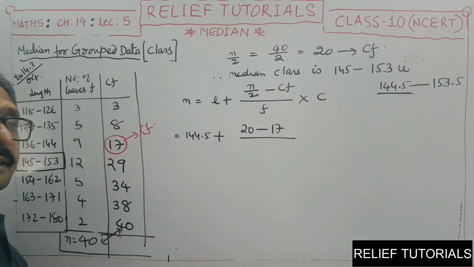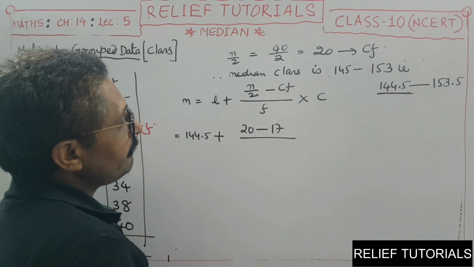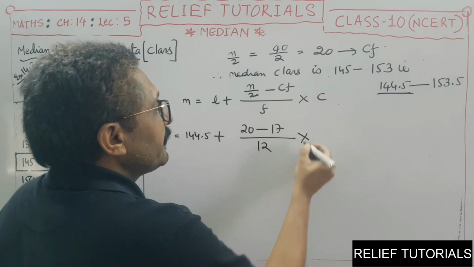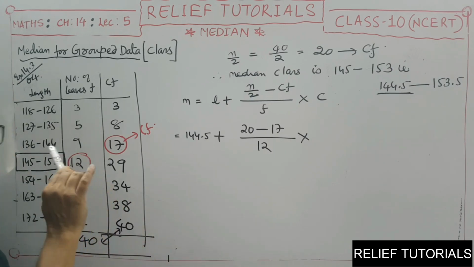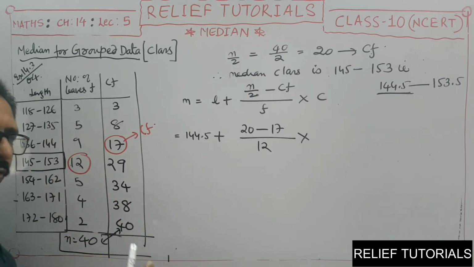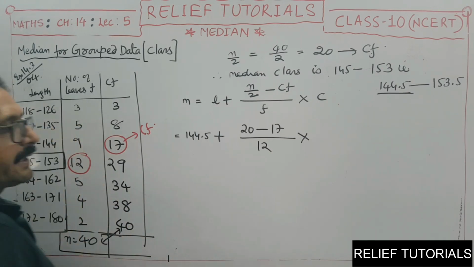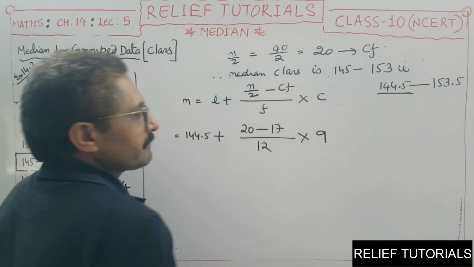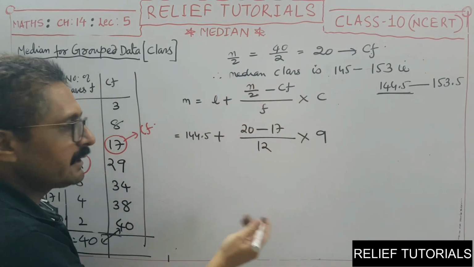F is the frequency of the median class, which is 12. So you write here 12 into class length. The class length, I told you, you just subtract two successive limits, whether continuous or discontinuous, in order to avoid confusion. 127 minus 118, so you will get 9. So now we have all the data, just solve it algebraically. That's all.